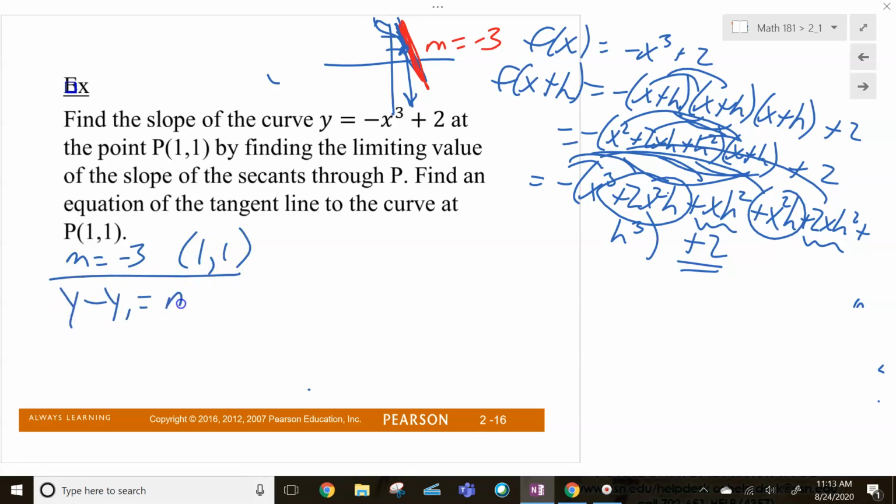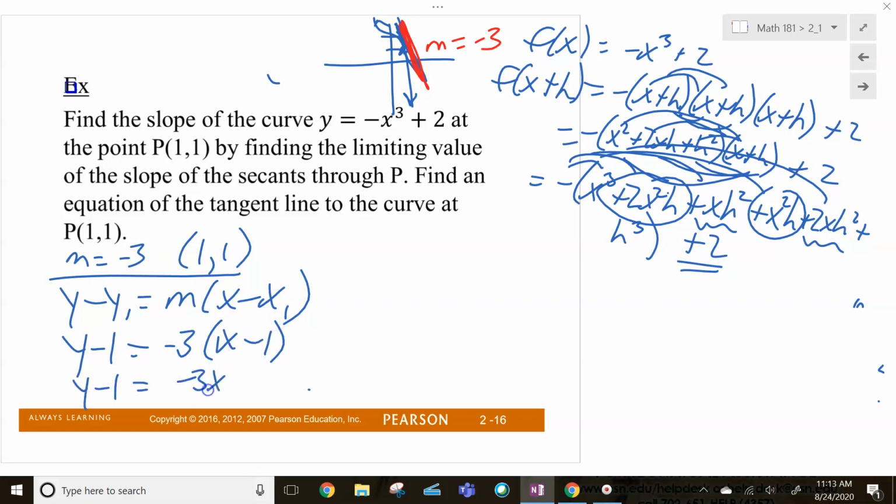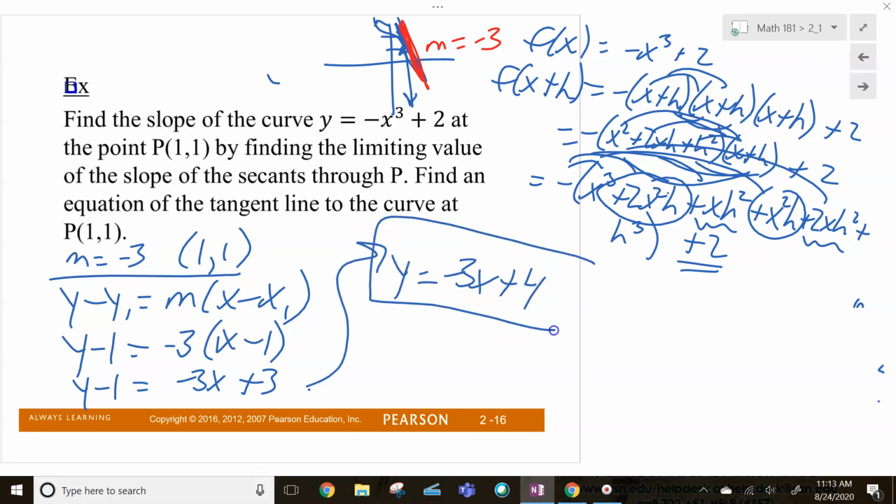Let's write the equation of the tangent line. Add 1 to both sides. Y equals -3x plus 4. That is the equation of that red line, which that tangent line has a slope of -3.